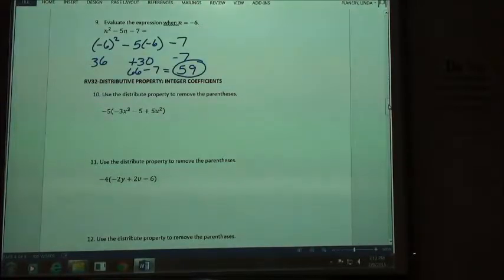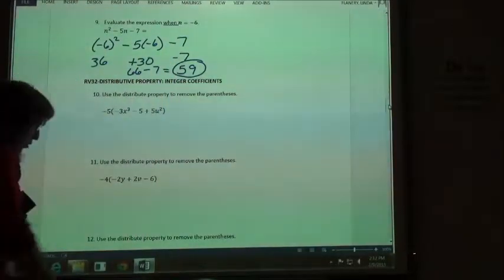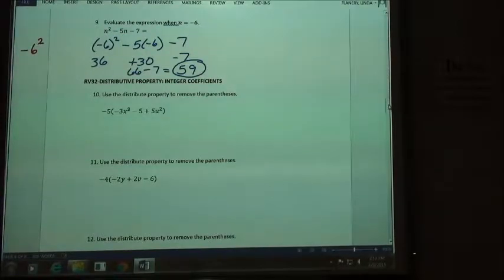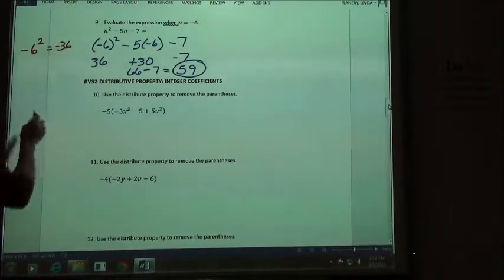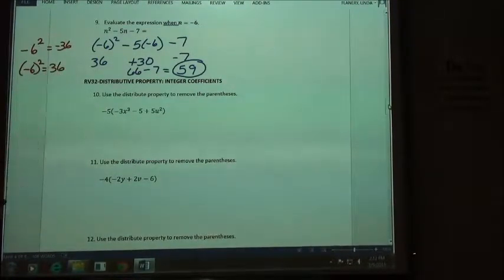If you are going to use your calculator on this first step, make sure that you don't type in negative 6 squared, because negative 6 squared is negative 36. You've got to type it in with the parentheses around it in order to get the right sign on your answer.